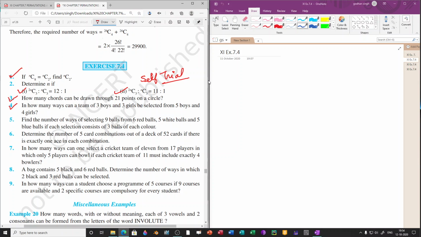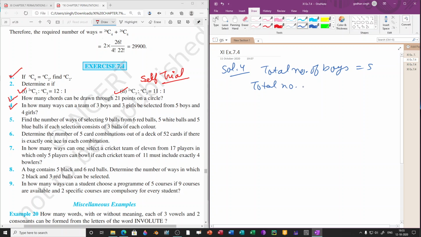Question number 4. In how many ways can a team of 3 boys and 3 girls be selected from 5 boys and 4 girls? So solving question number 4, total number of boys is equal to 5 and total number of girls is equal to 4, and we have to make a team of 3 boys and 3 girls.